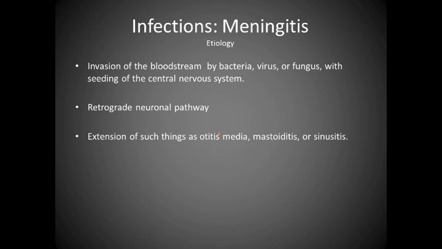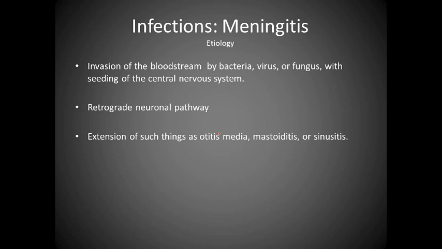So what causes meningitis? In short, an invasion of the bloodstream by bacteria, virus, and or fungus with seeding of the central nervous system. So somehow it crosses over into the central nervous system. A retrograde neuronal pathway, so it works its way up the spinal cord, and then an extension of such things such as otitis media, mastoiditis, and sinusitis.